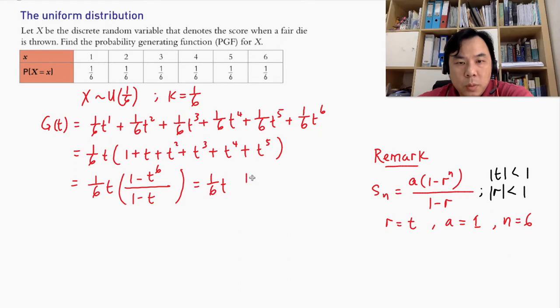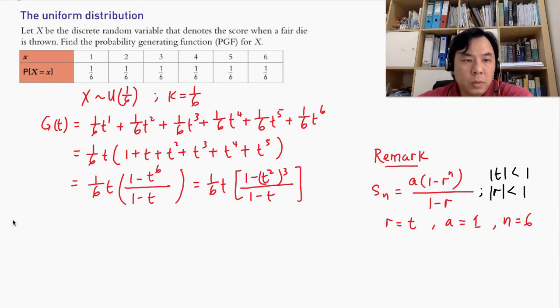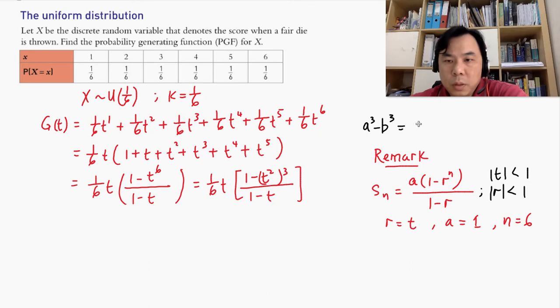From here we're going to make use of the algebraic identity of a cube minus b cube, which can be written as (a minus b)(a square plus ab plus b square).